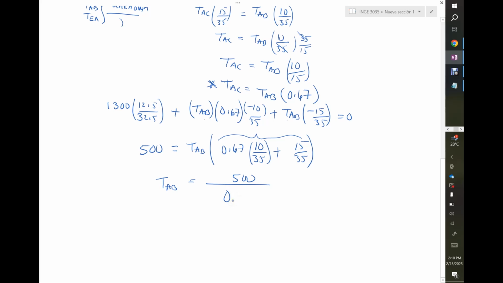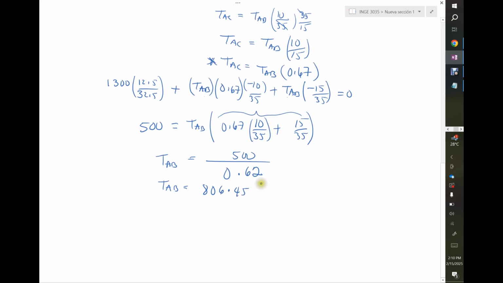Approximately, to two decimal places, 0.62. So that means that TAB is about 806.45, and that's pounds. All right, so we got TAB. Did I get this right? Yeah, I got that right.